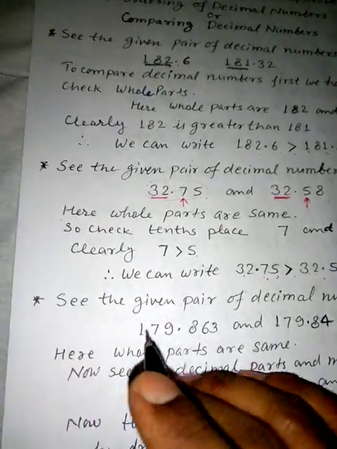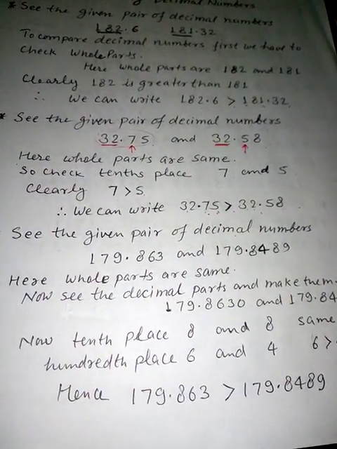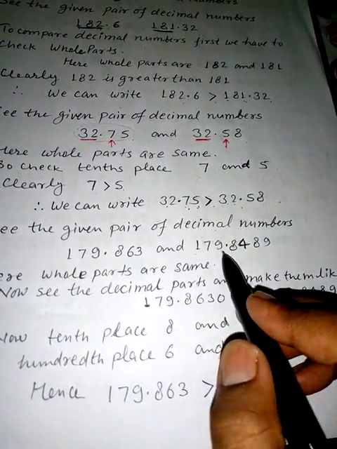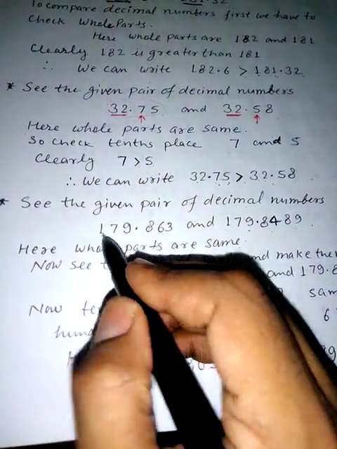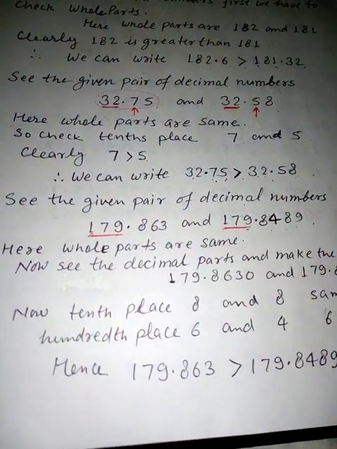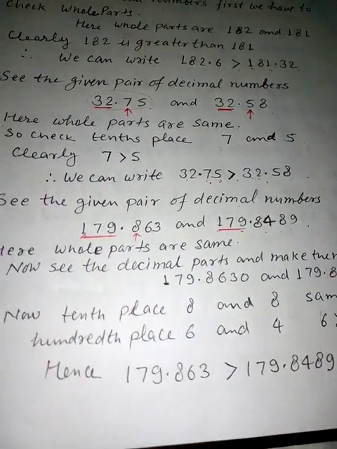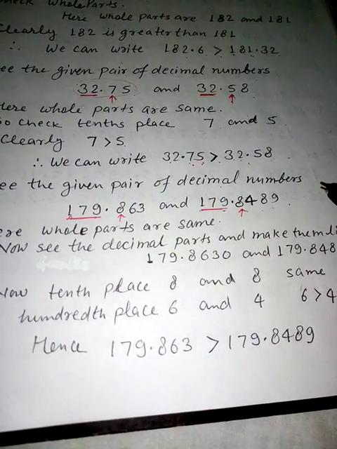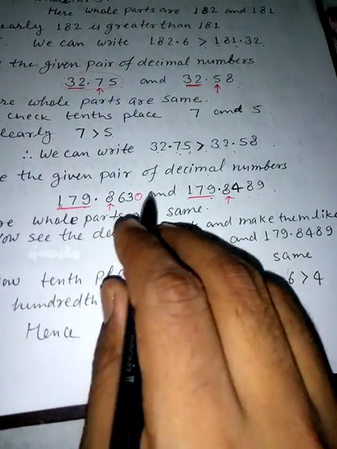Okay. Now see the given pair of decimal numbers, 179.863 and 179.8489. You can see the whole parts of these two numbers are the same. Now see the 10th place. Here the 10th place is also the same. So first we have to write them in like decimals by putting a 0.